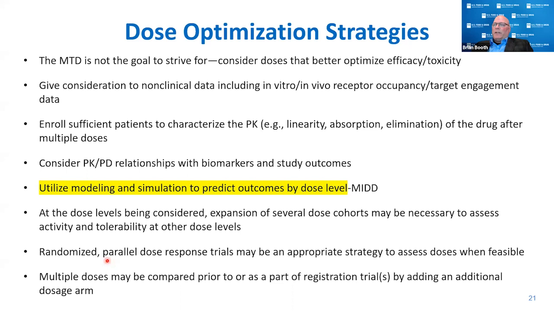Oftentimes, randomized parallel dose response trials might be the best way to determine the best dose for your drug. And another possibility could be to use multiple doses in the registration trial to get all that kinetic and efficacy and safety data.